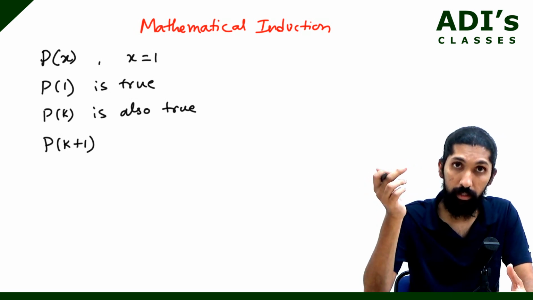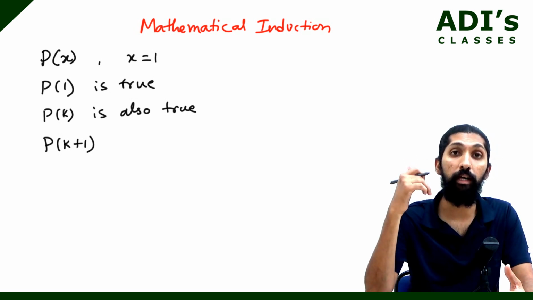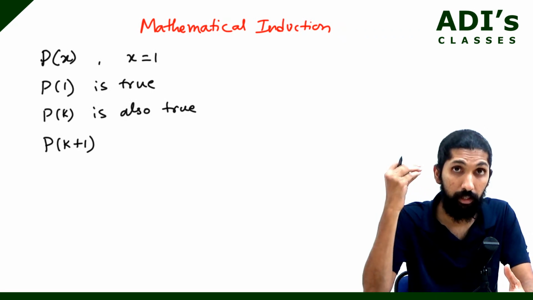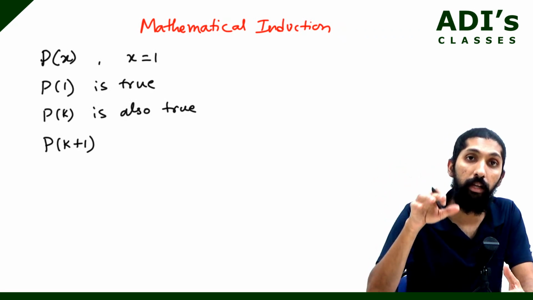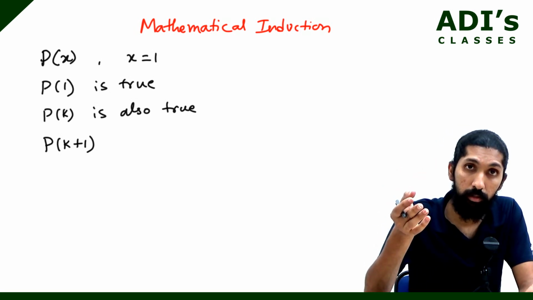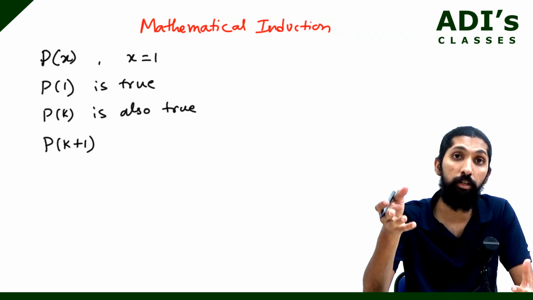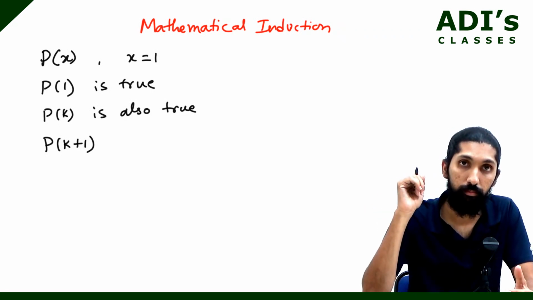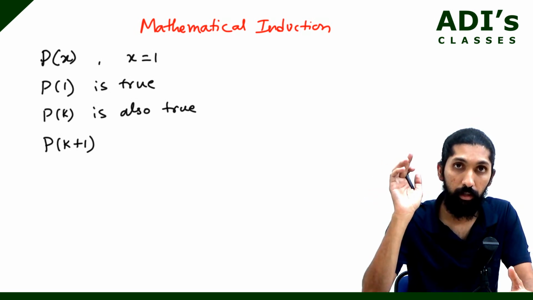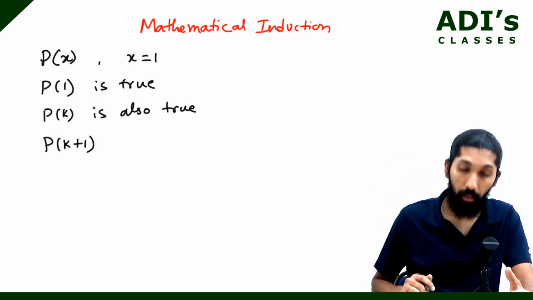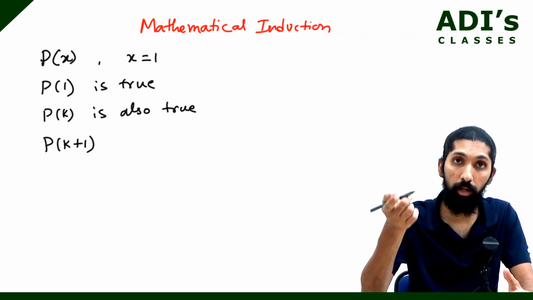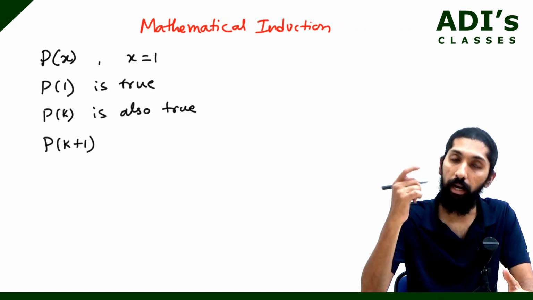You can also think of it like proving by contradiction, even though it's not. I'll assume p of k plus 1 to be false, and then I'll show that it is true. Even though we are not doing it that way, I'm just giving you an analogy. So first you show p of 1 is true, putting 1 wherever you have the variable, and you can calculate.